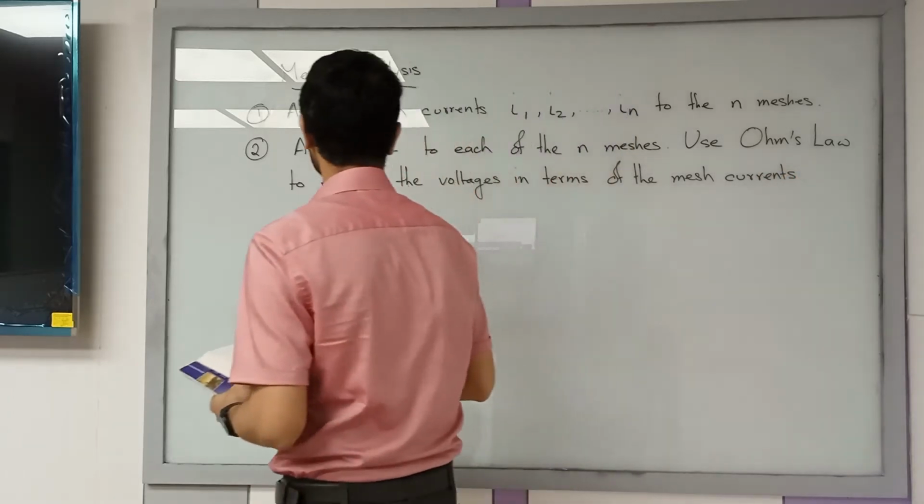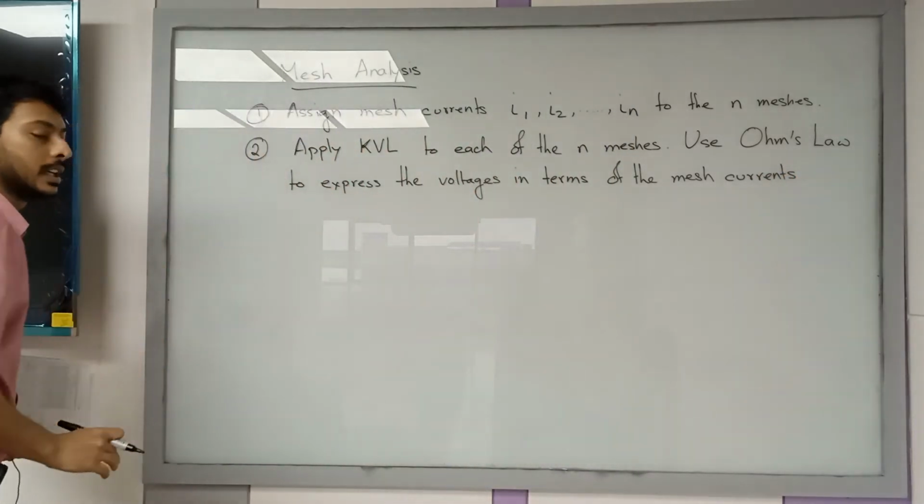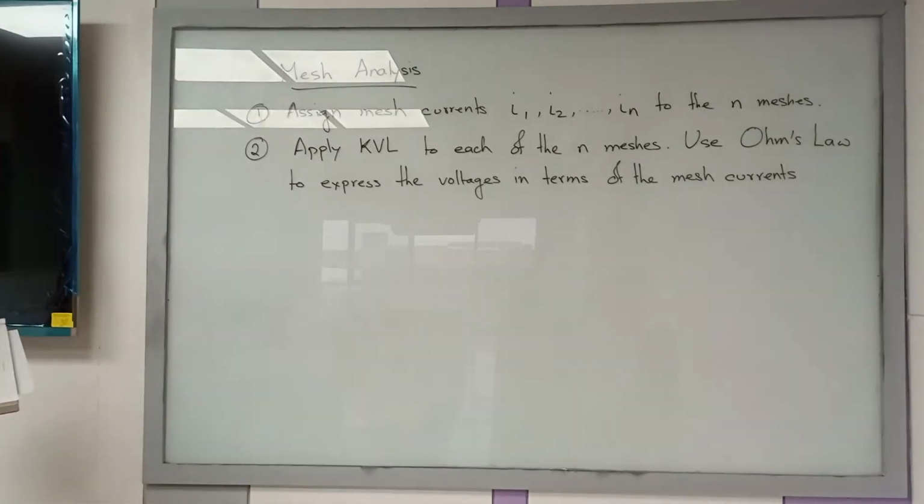So this is the second step. You have to apply KVL to each of the n meshes. So if you have n loops, you have to apply KVL to each of them.